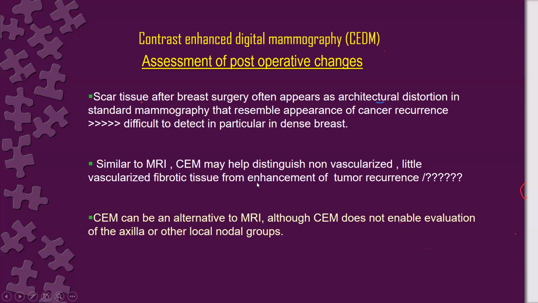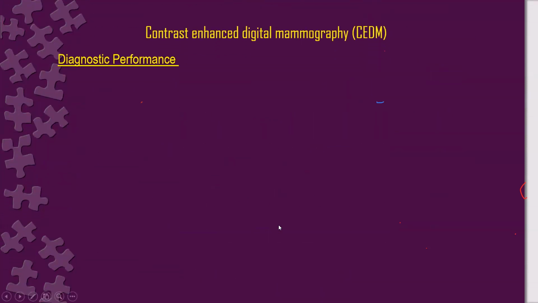And because usually the scar tissue is minimally or not enhancing compared to the enhancement of tumor recurrence. Contrast enhancement can be alternative to MRI, although it does not enable evaluation of the axilla or other regional nodal group.